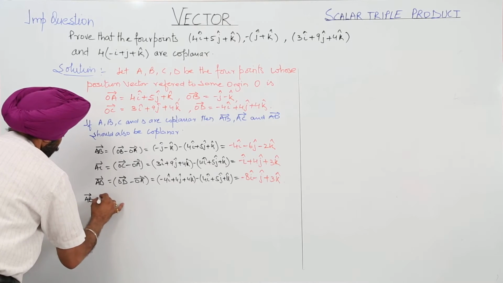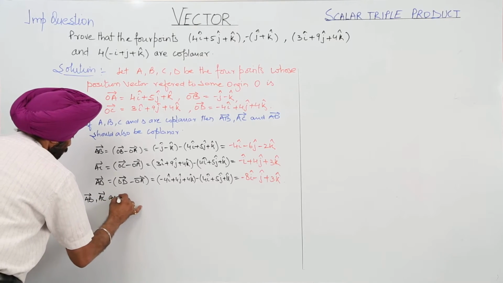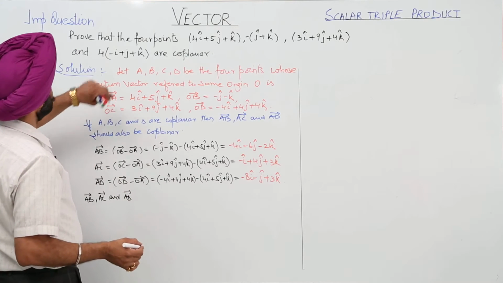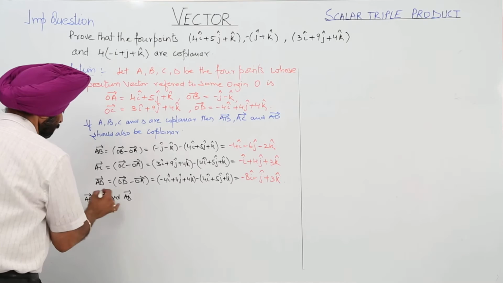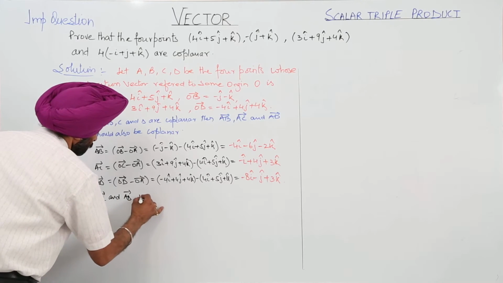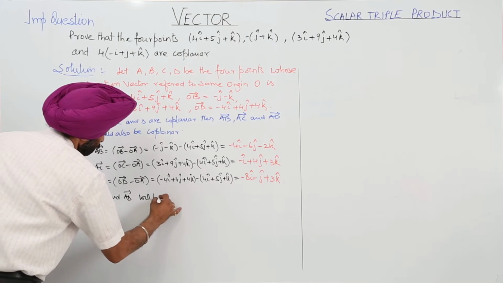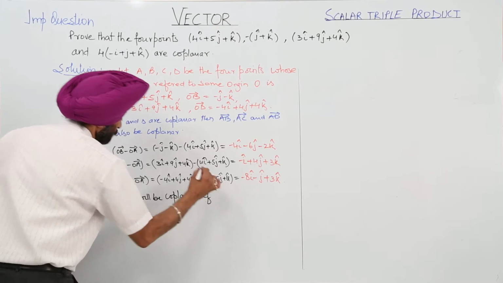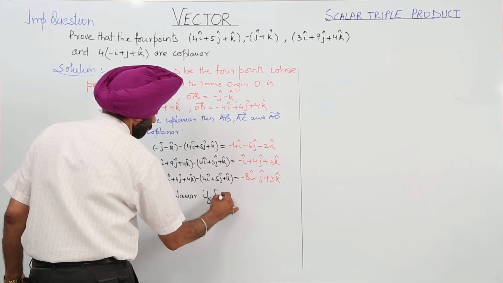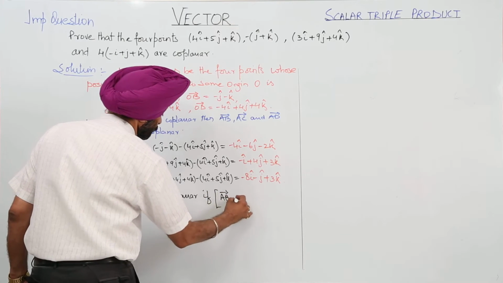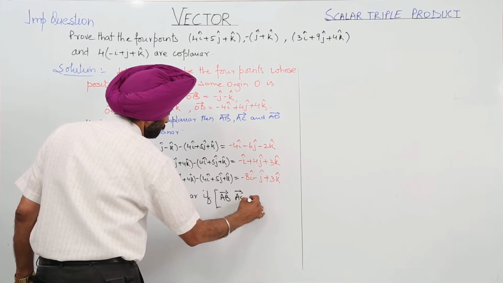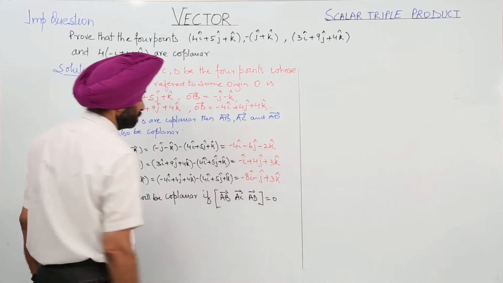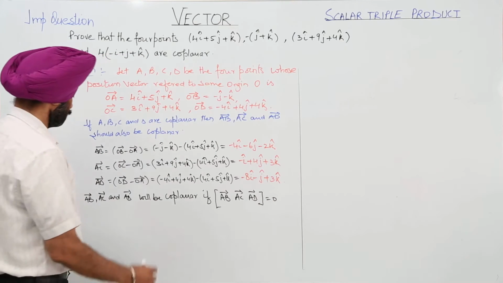Vector AB, vector AC and vector AD. Now we have to show that the points are coplanar. Vector AB, vector AC and vector AD will be coplanar if the scalar triple product of AB, AC, AD is equal to 0.